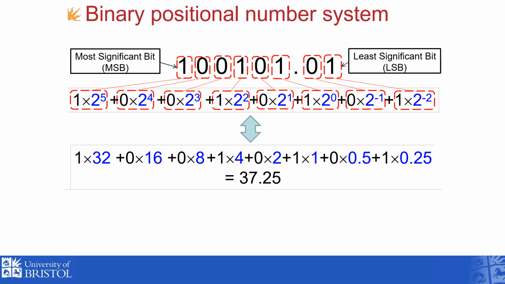Now, this is an example of how you convert a binary number to what you're more familiar with, in other words, a number in the decimal system. Spend some time to take a look at this slide.